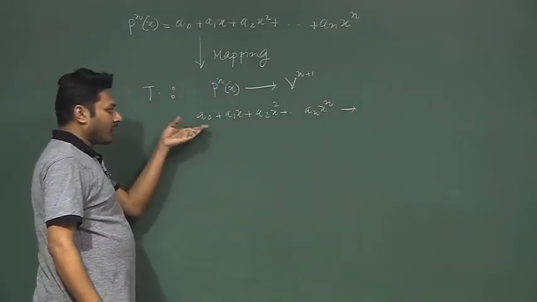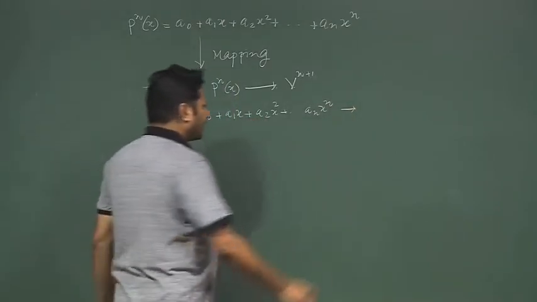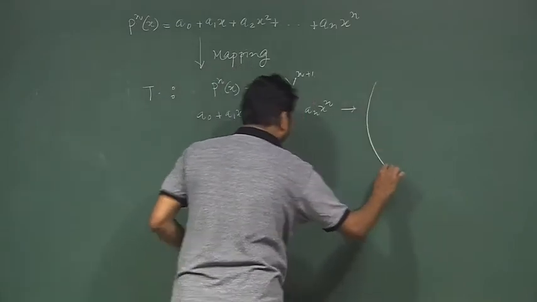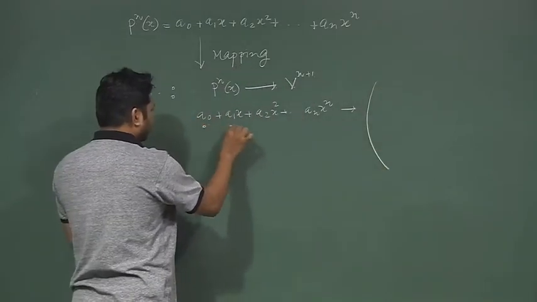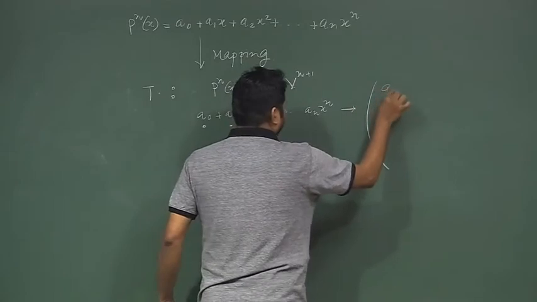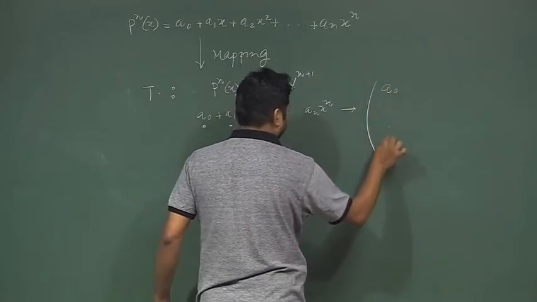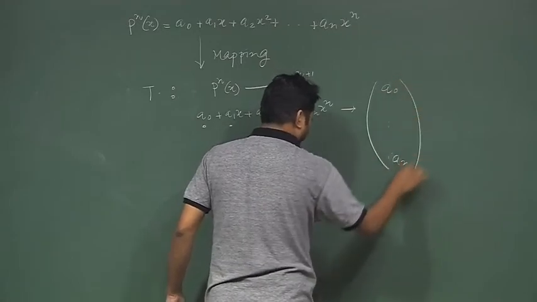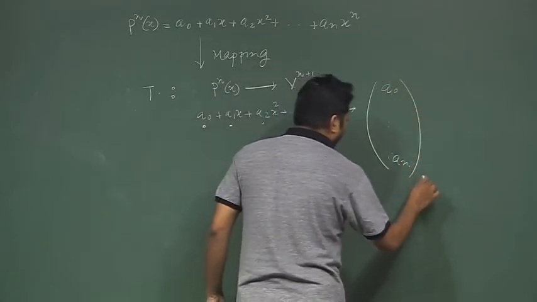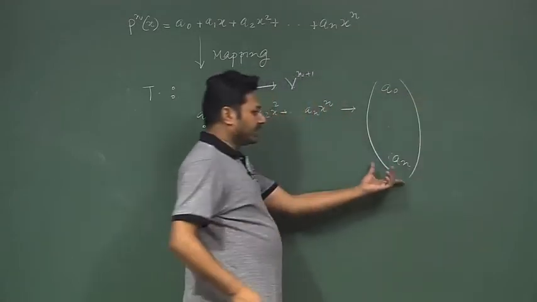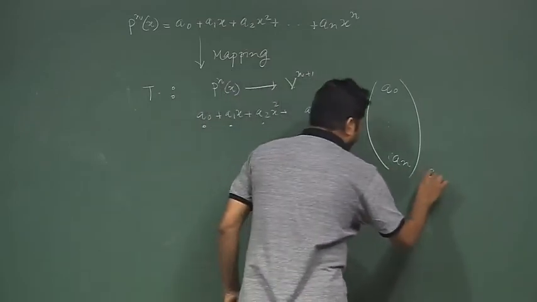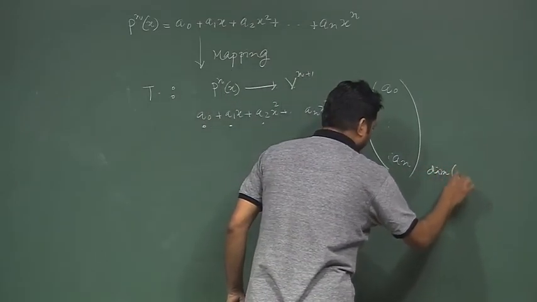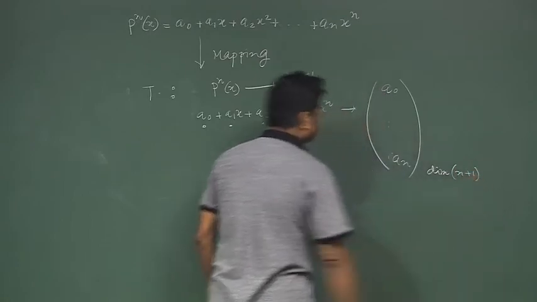mapping suggests that from that polynomial I can make a vector which contains only these coefficients. If I write these coefficients, I will have a vector of dimension n plus 1.